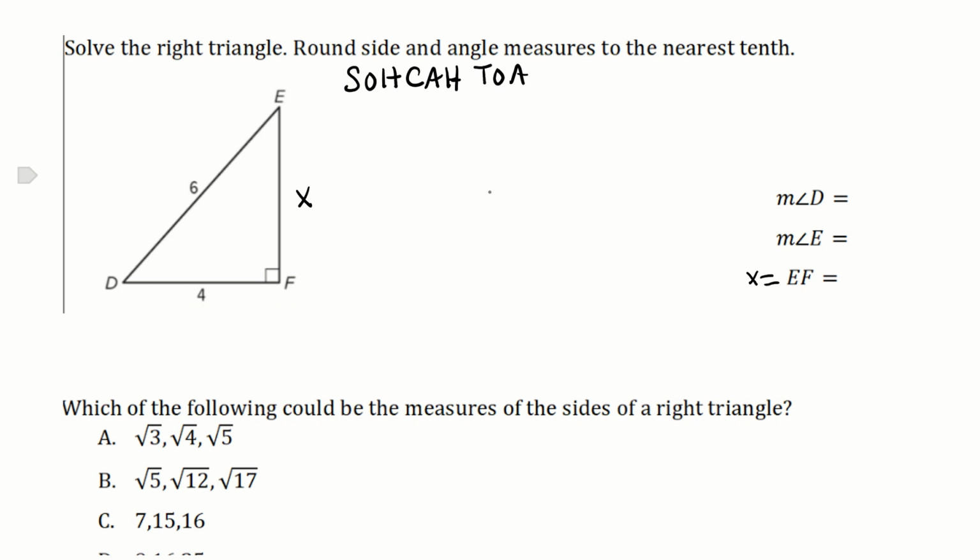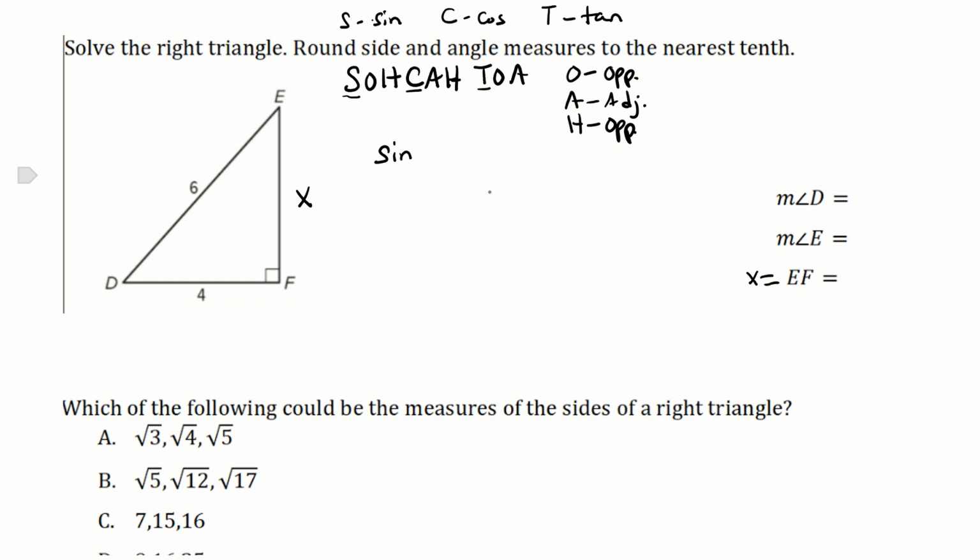SOHCAHTOA: S stands for sine, C stands for cosine, T stands for tangent. O stands for opposite, H stands for hypotenuse, and A stands for adjacent. Okay, so for example, S is sine.